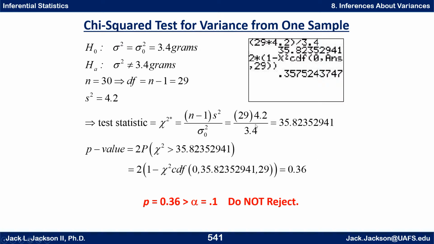Now, of course, we measure this with a chi-square distribution. There's a couple ways to do this. I could do this part by the chi-square, go from this value here, and then go to infinity, which I can't put in infinity, so I could put in something big like maybe 1,000, and then give it 29 degrees of freedom. Or I could do it the way that I did here, do 1 minus the chi-square from 0 up to this value, and this way you don't have to replace infinity with something.